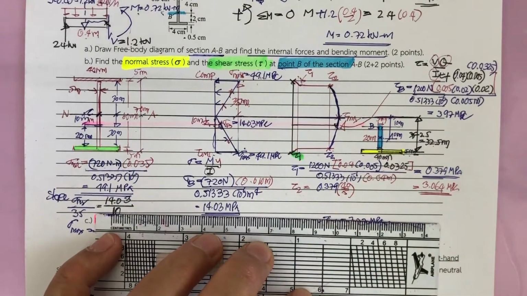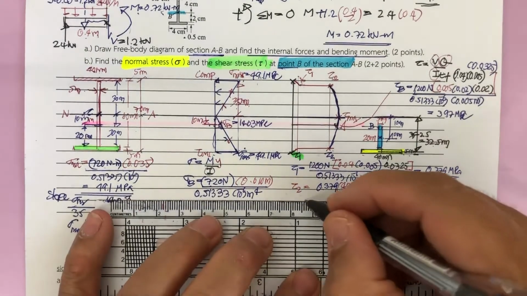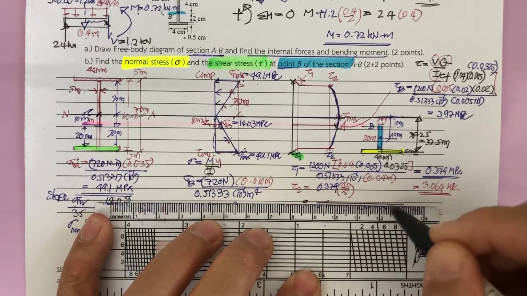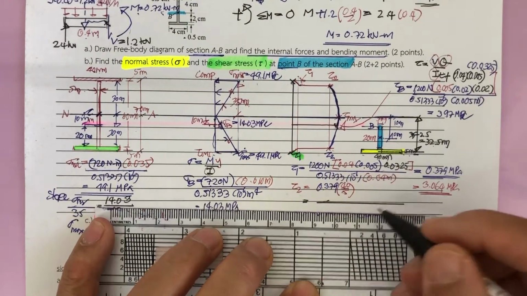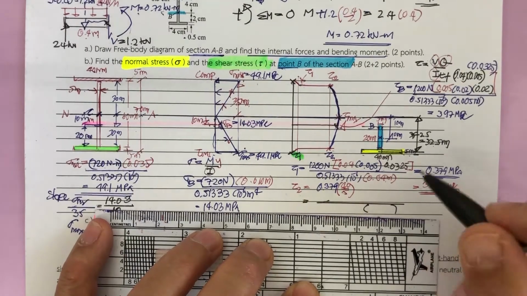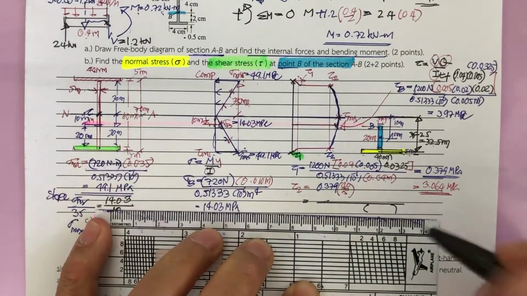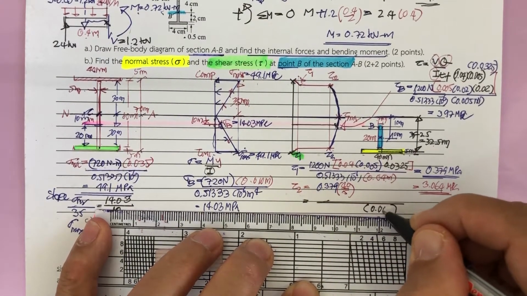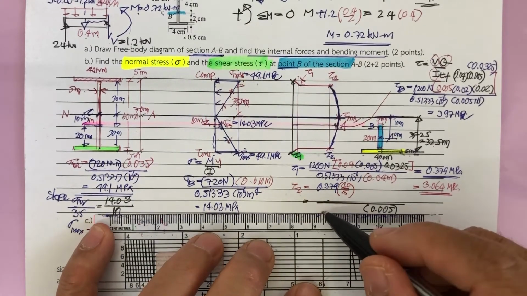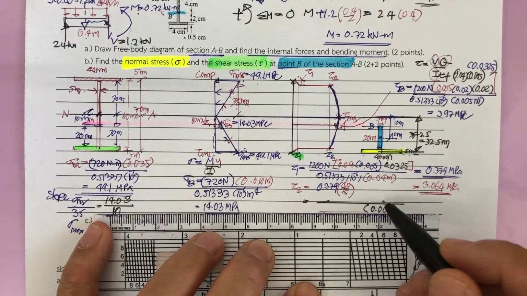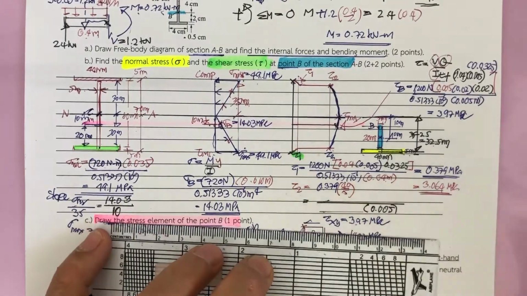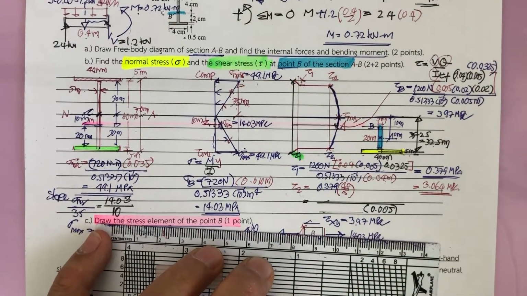I don't believe it. If you don't believe it, you do the calculation as before on the top, just change this one into the thickness here of 0.005. Everything here the same, Q the same. You will get the same answer here. So it's up to you.